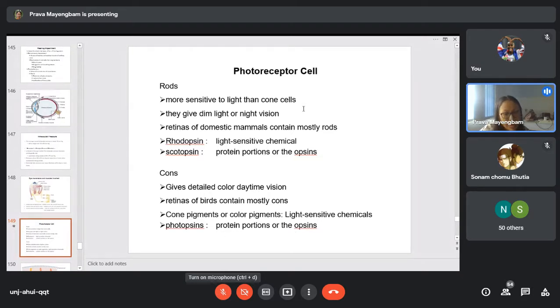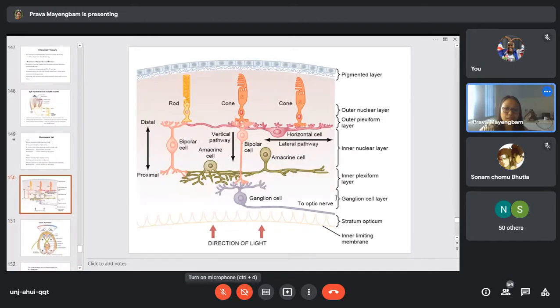That's how the eye has a retina for image formation, because it has the sensors, the receptors for sensing light. So this is how they are located. The rods and the cones, this structure is showing a histological section.